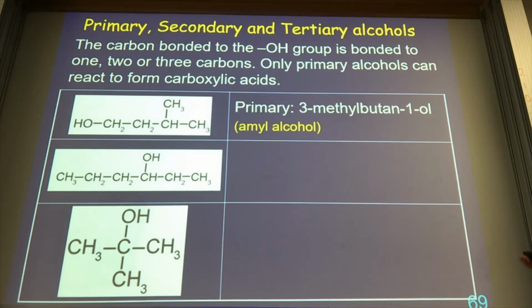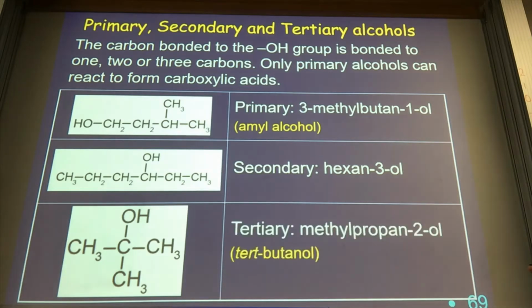This is a secondary alcohol because the carbon is attached to 2 other carbons, hexan-3-ol, and here we've got a tertiary alcohol. The carbon is bonded to 3 other carbons, and it's 2-methylpropan-2-ol, commonly called tert-butanol.